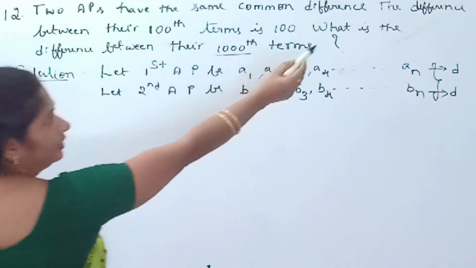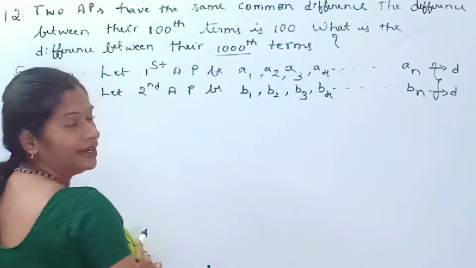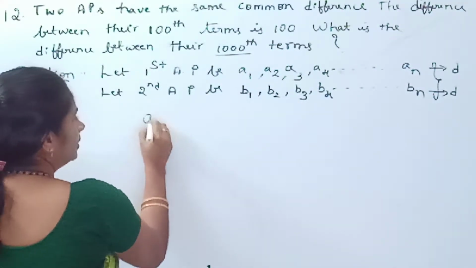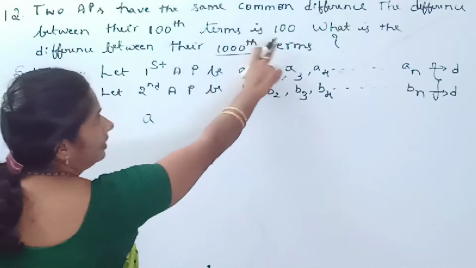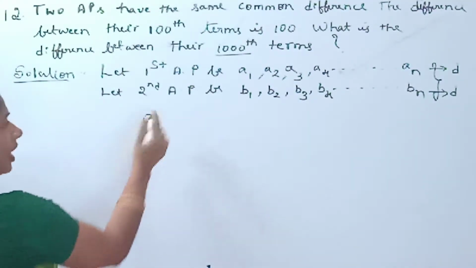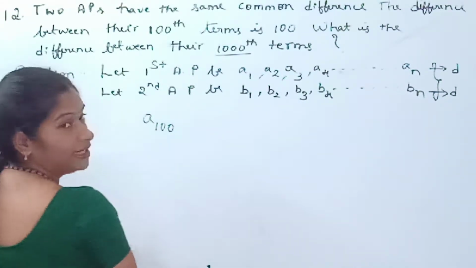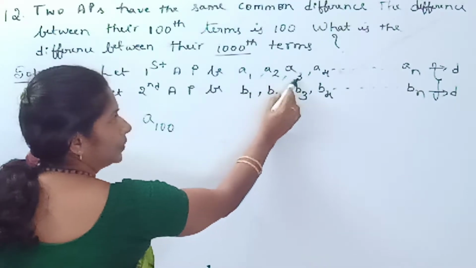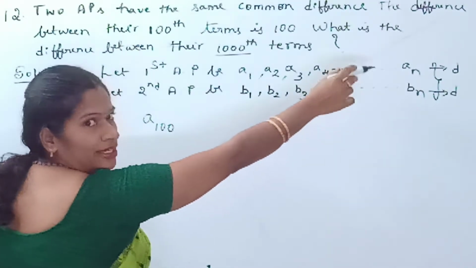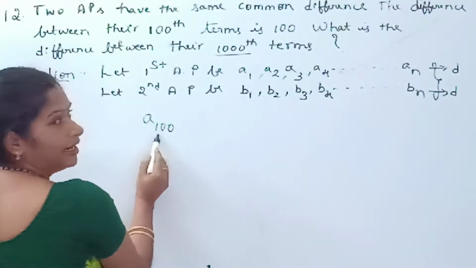Now, what is given? The difference between their 100th terms is 100. So, what is given, children? The difference between the 100th term of two APs is 100. The 100th term of the first AP, I can write it as A100. A1, A2, A3, A4, if you continue, A5, A6, like that, 100th term is A100.